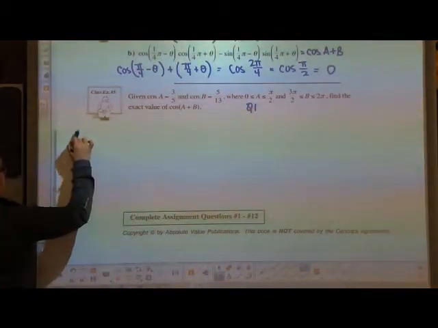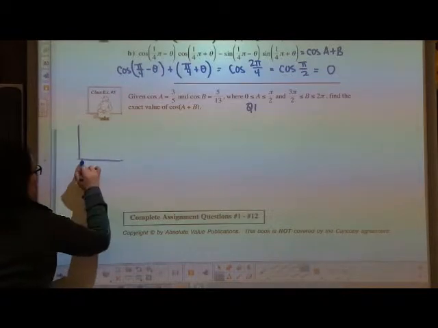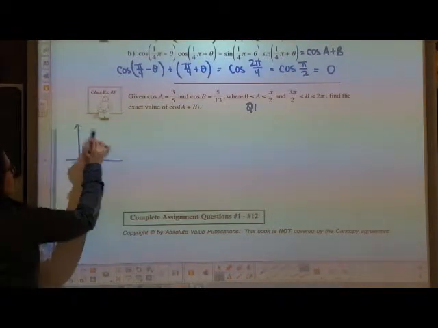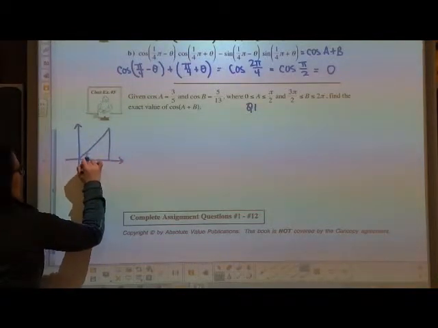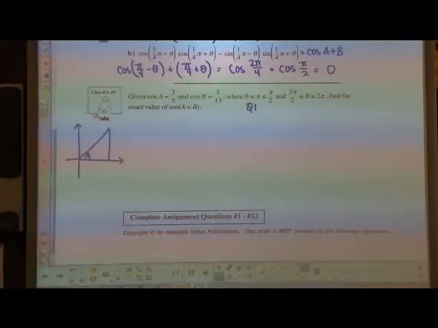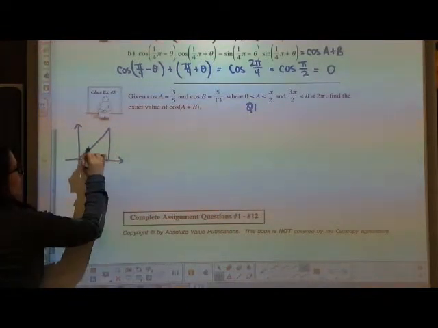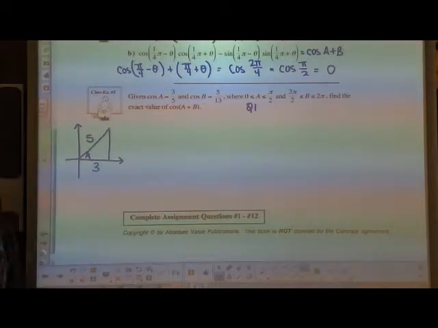So in quadrant 1, I have cos A. So there's angle A. And what do I know cosine stands for? Adjacent over hypotenuse. So the adjacent side is 3, the hypotenuse is 5.